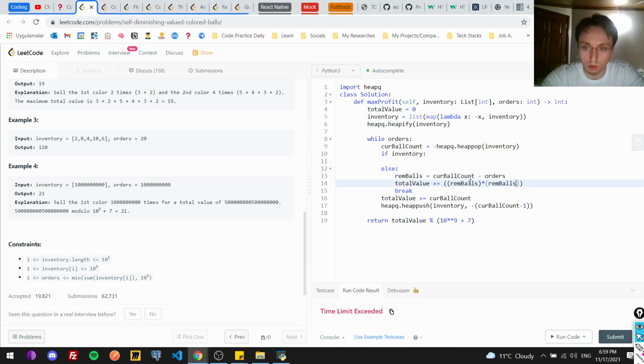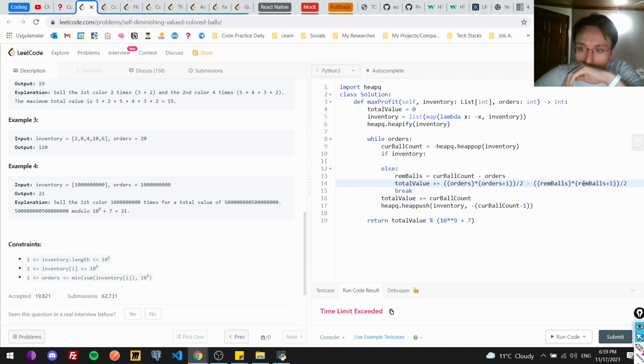Remaining balls times remaining balls plus 1 divided by 2 minus current orders times orders plus 1 divided by 2.